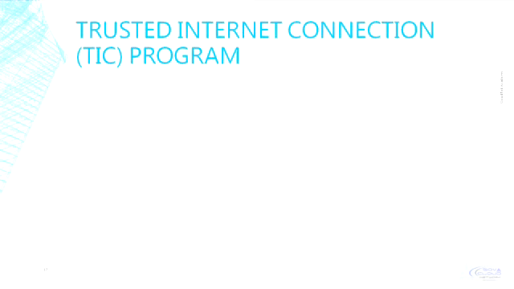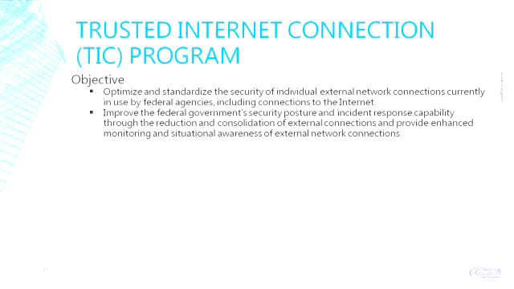Referenced before, the Trusted Internet Connection Program has the objective of optimizing and standardizing the security of individual external network connections that are currently in use by federal agencies. This includes all connections to the internet.